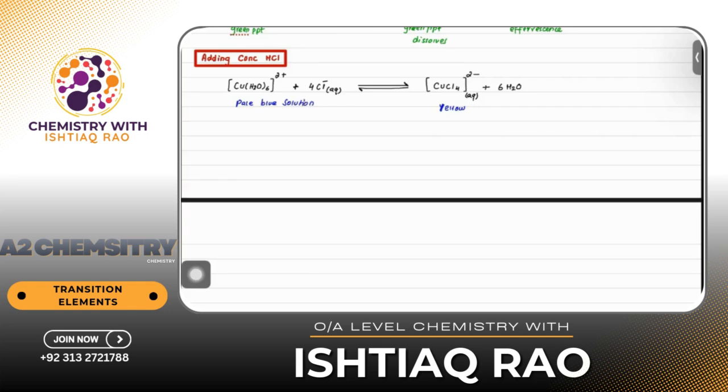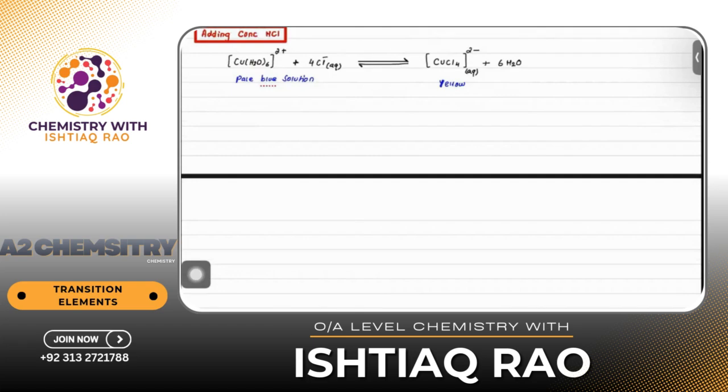Now you're seeing that it's also a substitution reaction, isn't it? It's also a substitution reaction because water was a ligand and chloride is also a ligand. So the chloride is going to displace the water ligand.